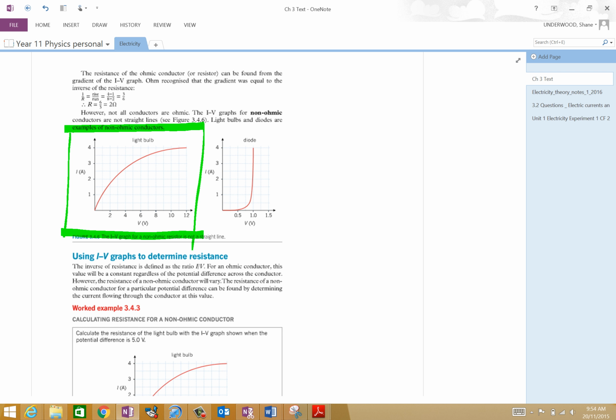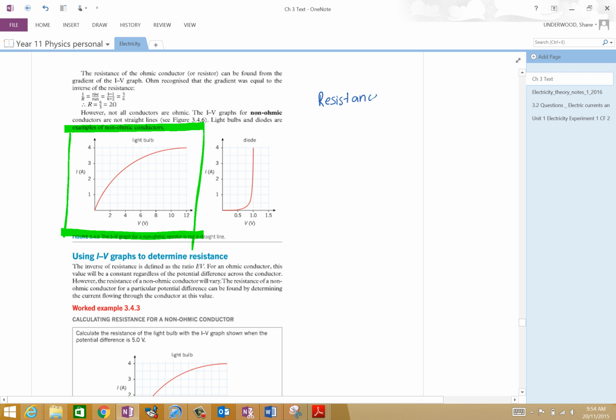We can still find, however, the resistance at a particular point. For example, if I get a nice easy one here, if I wanted to find the resistance, now the resistance is going to vary at different voltages and currents.